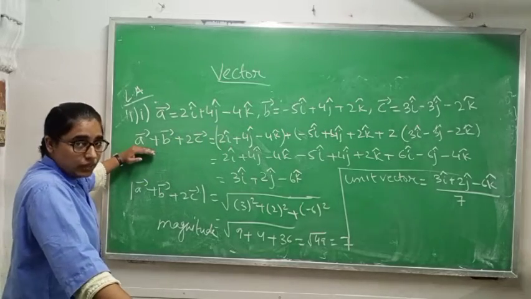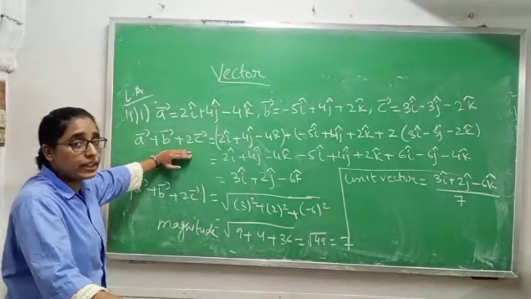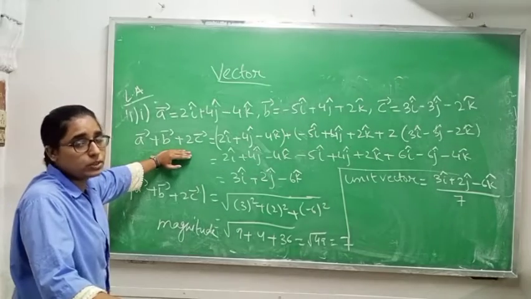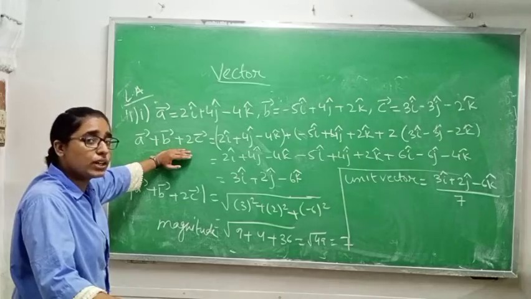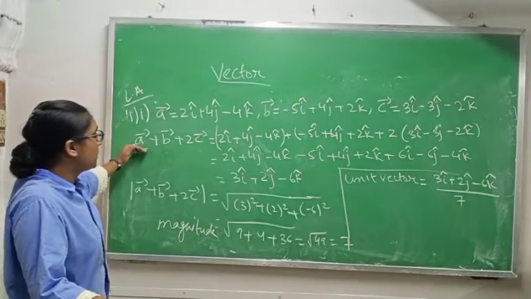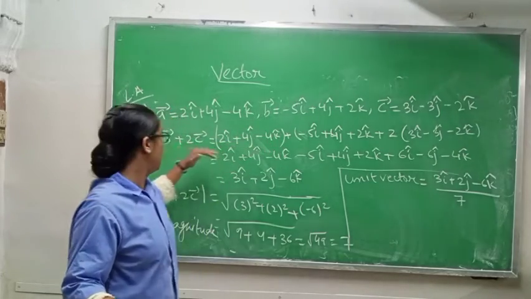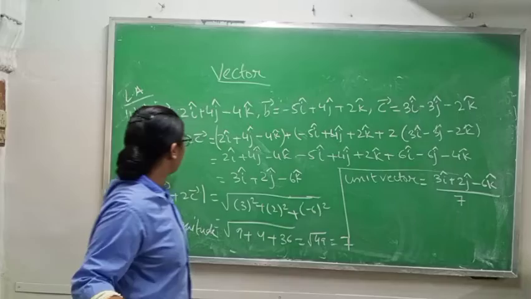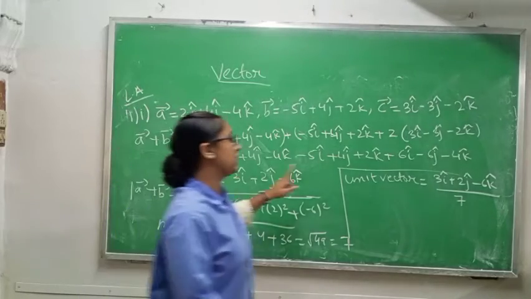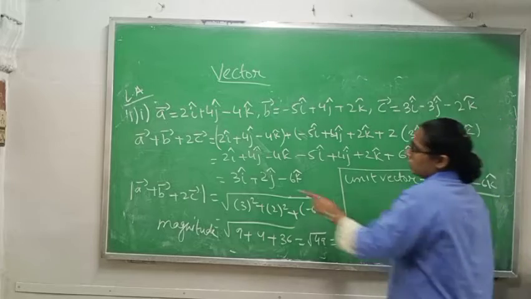You have to find A vector plus B vector plus 2C vector, because they are telling you to find the magnitude of A vector plus B vector plus 2C vector and the unit vector of A vector plus B vector plus 2C vector. So A vector is 2i cap plus 4j cap minus 4k cap. B vector is this, and C vector will be multiplied by 2. That is why we use the bracket. When you open it, you will get this much.